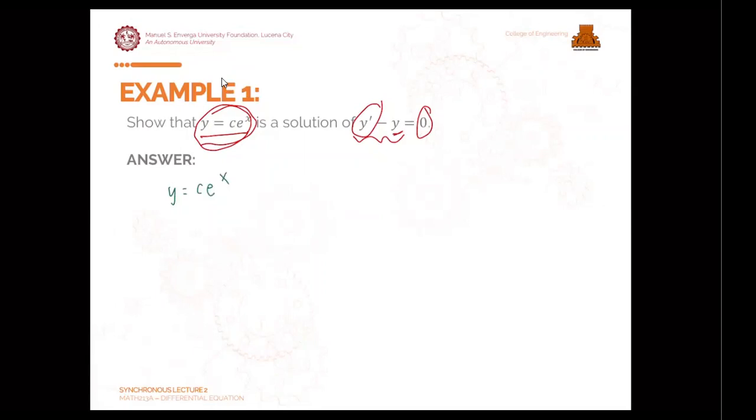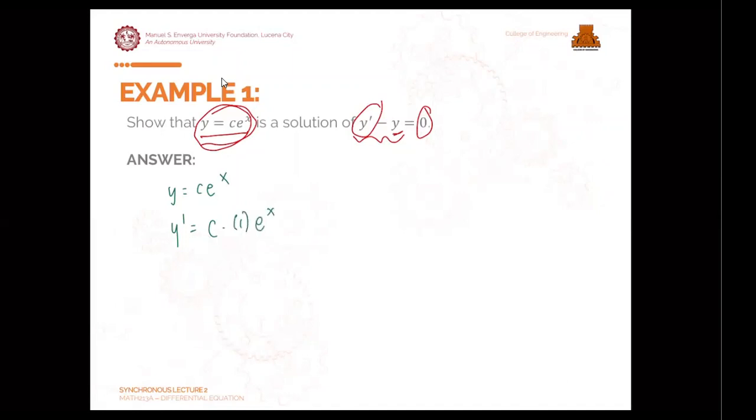Yung first derivative nito, yung c natin is constant, tapos yung e raised to x yung ide-derive natin. So, derivative ng exponential o ng e to the u is e to the u du, no? So, y prime is equals to c, constant, tapos e to the u, ang u natin is x. So, ang du niya is 1. So, times 1, e to the x. Okay?